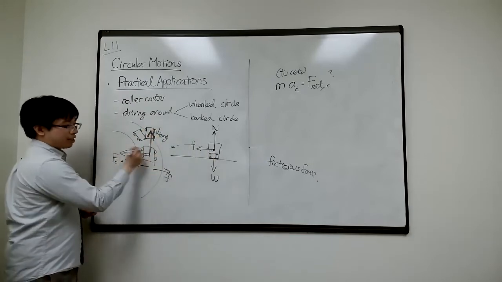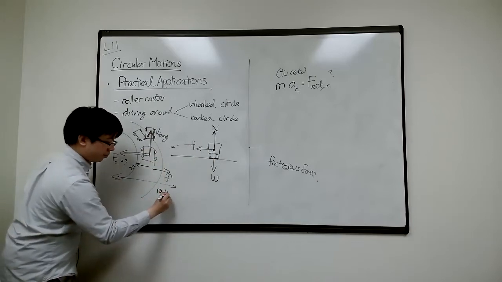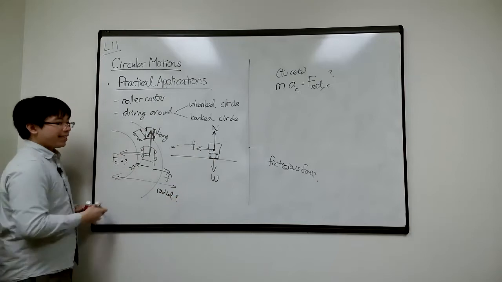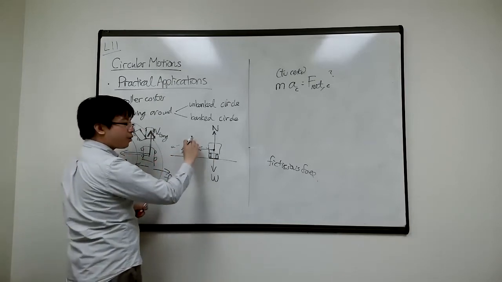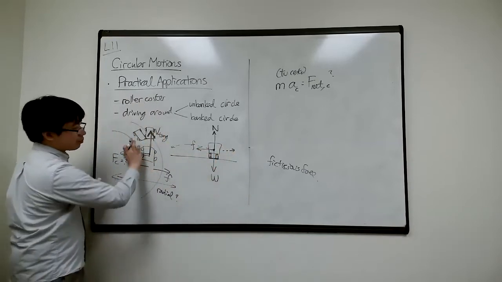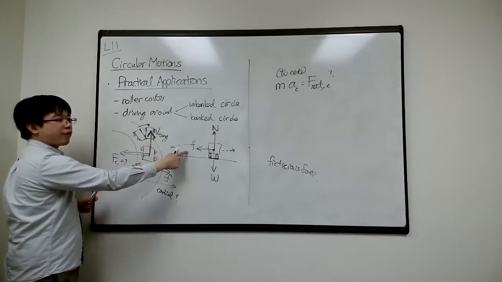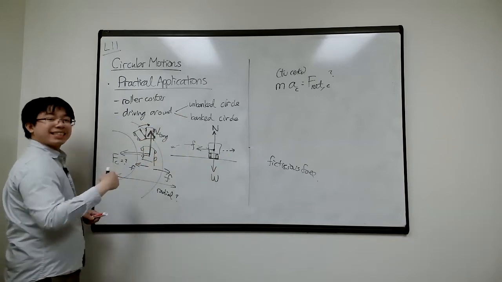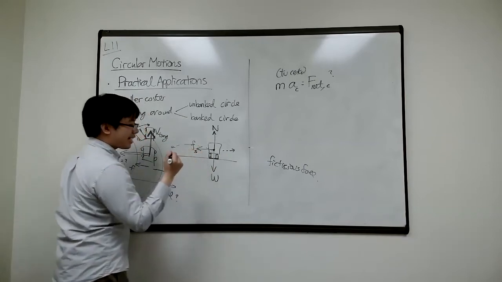Is there any velocity in the radial direction? No, there's no radial direction. So if you don't have friction, there's a tendency to move away from it. So friction is actually counteracting the tendency to move away from it. So that is actually a static friction.